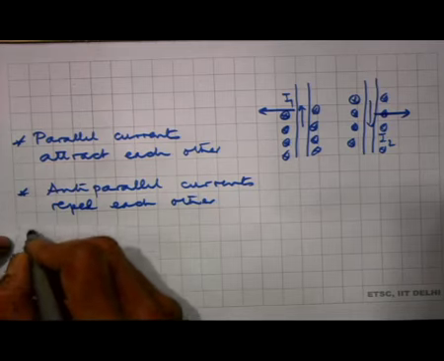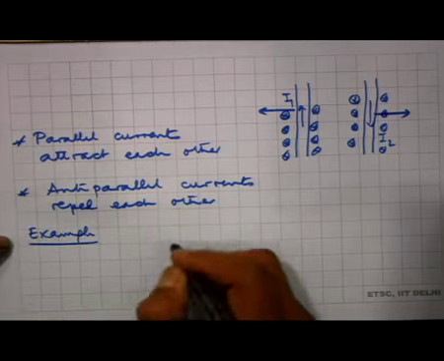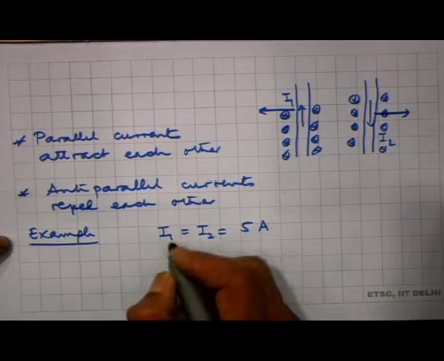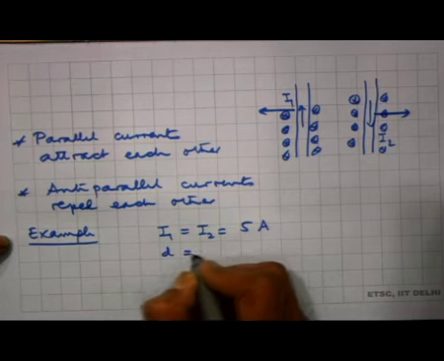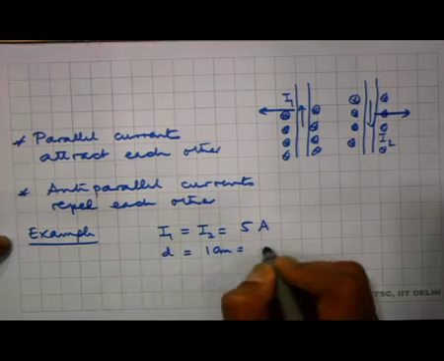So, let me consider an example. Let me assume a current I1 is equal to I2, equal currents of 5 amperes flowing through 2 wires, and let me take a separation d of 1 centimeter, which is 10 to the minus 2 meter.